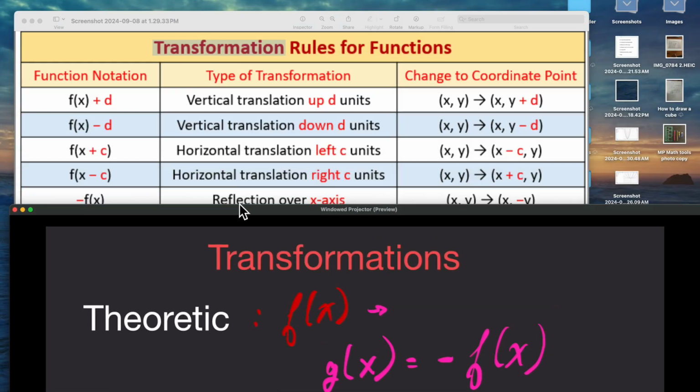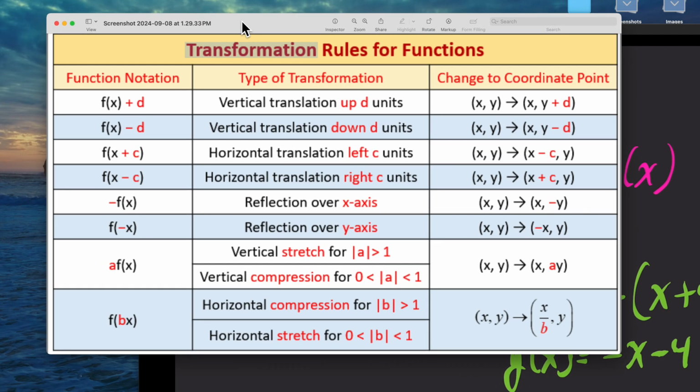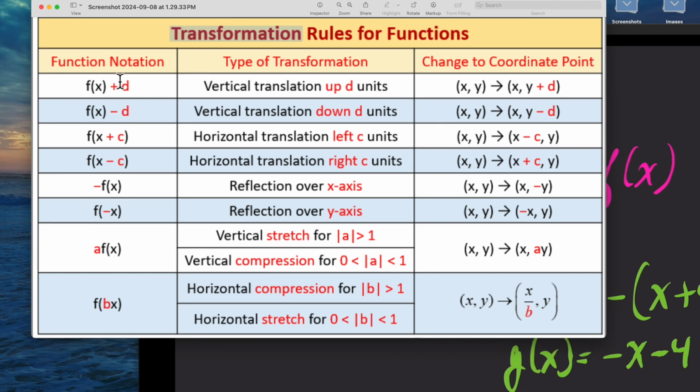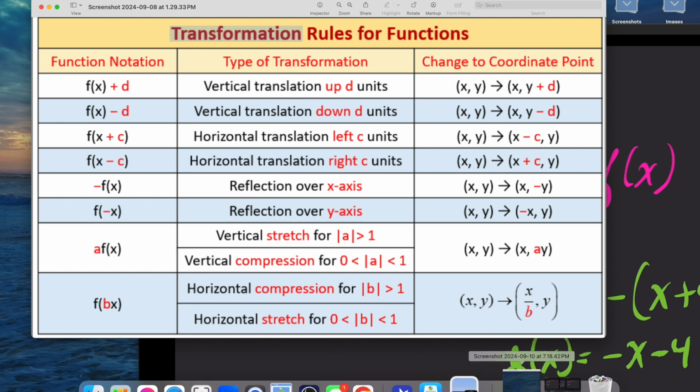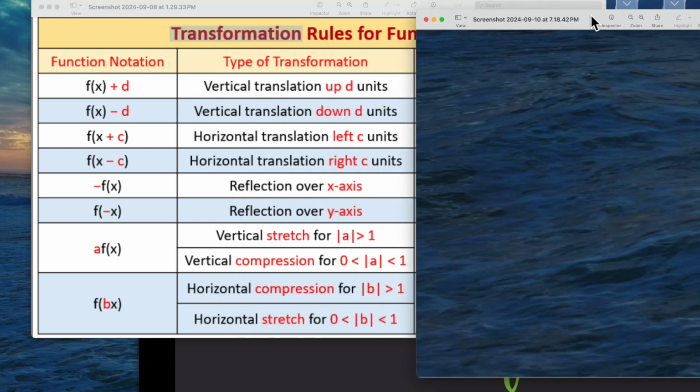This is an excellent sheet, and you can see that this entire sheet is made up of theoretic functions. Now, I don't want to focus on the change to coordinate points yet, so I'm going to cover that. I want to focus on the theoretic transformations with f of x only, and we're going to review all of these.